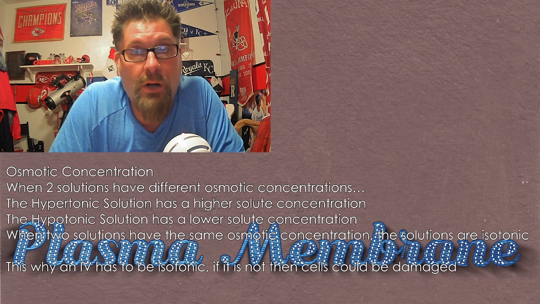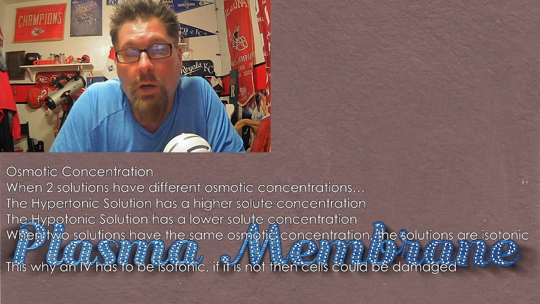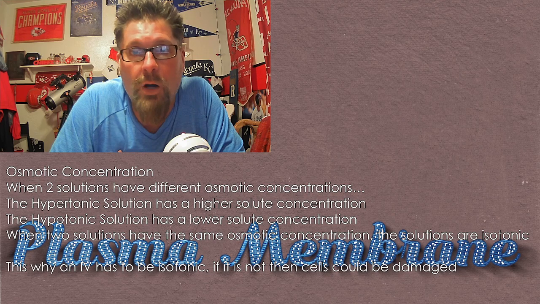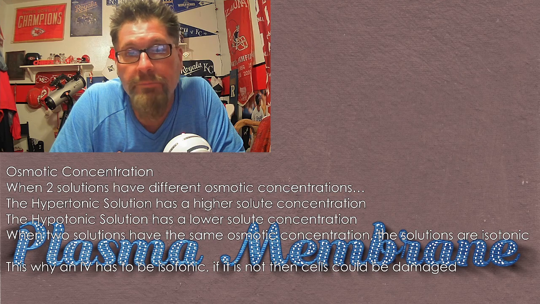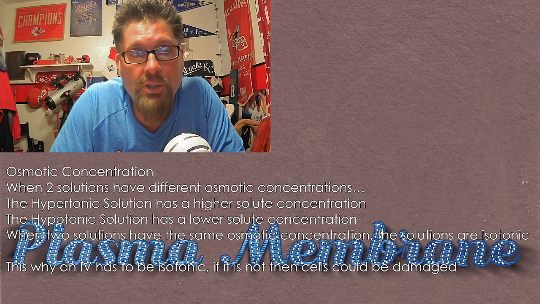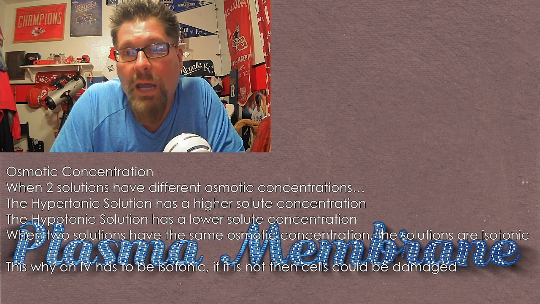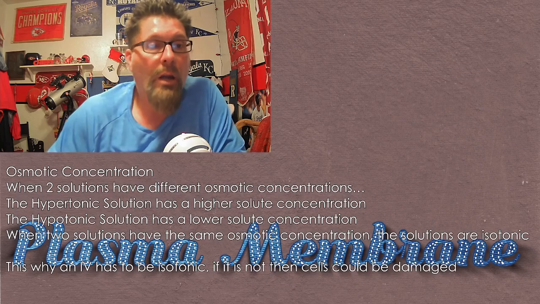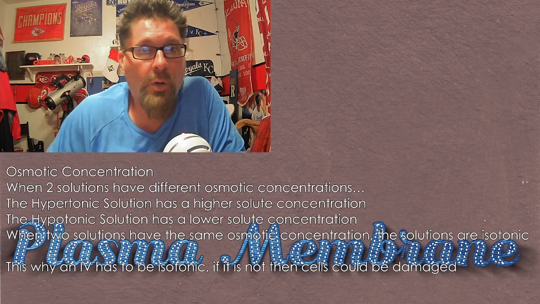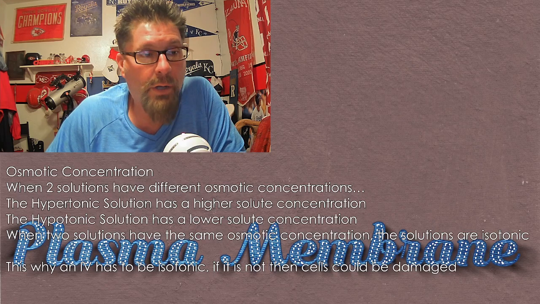If it's not isotonic and they give you a hypertonic IV, which means lower solvent amounts, the water rushes out. You don't want that. Or it would be hypotonic, water rushing into your cells. That's bad. So it has to be isotonic. Now these next two screens are going to show examples of what we're talking about here.